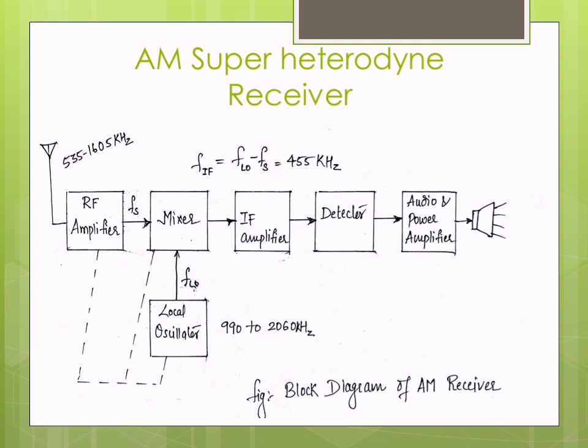One more thing, the difference between FS and FLO is always 455 kilohertz. That is called the intermediate frequency. This intermediate frequency is generated by the mixer, then given to the IF amplifier, or intermediate frequency amplifier.